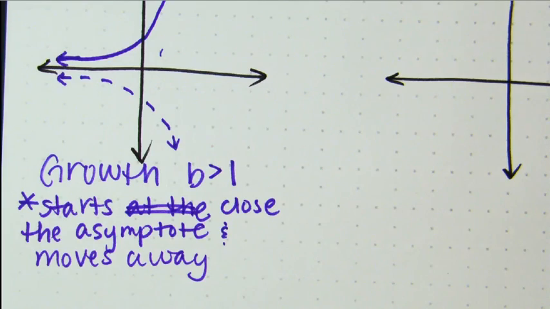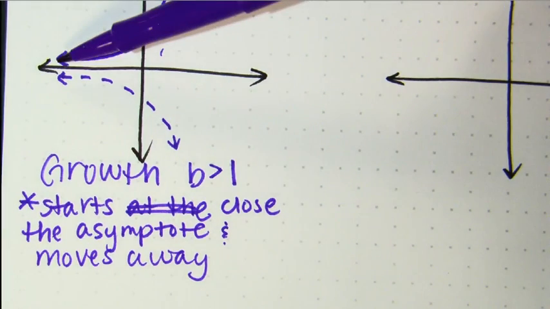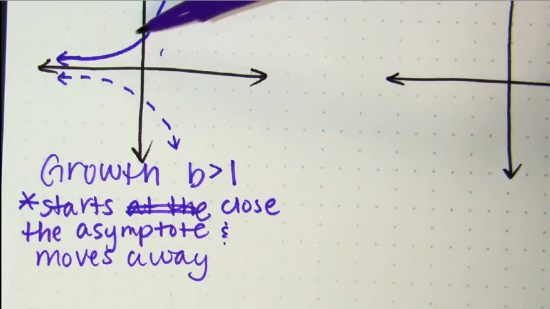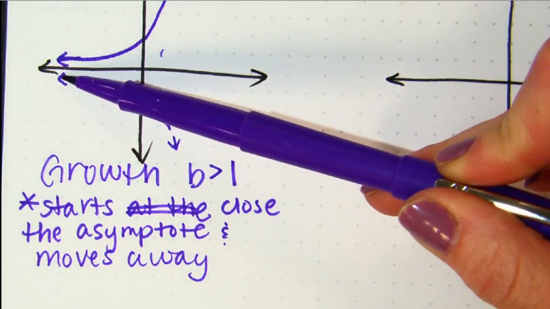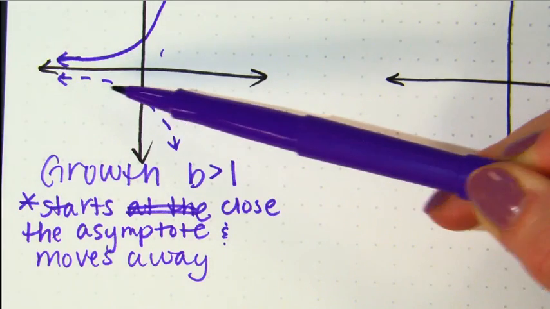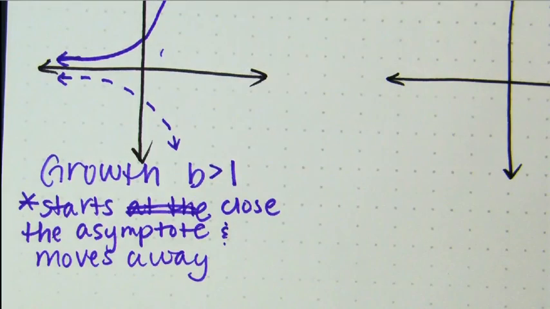If you're reading it left to right, it starts close to the asymptote and then moves away from it. That's a growth. Same thing down below. It starts close to 0 and moves away, so basically it gets further away from 0.